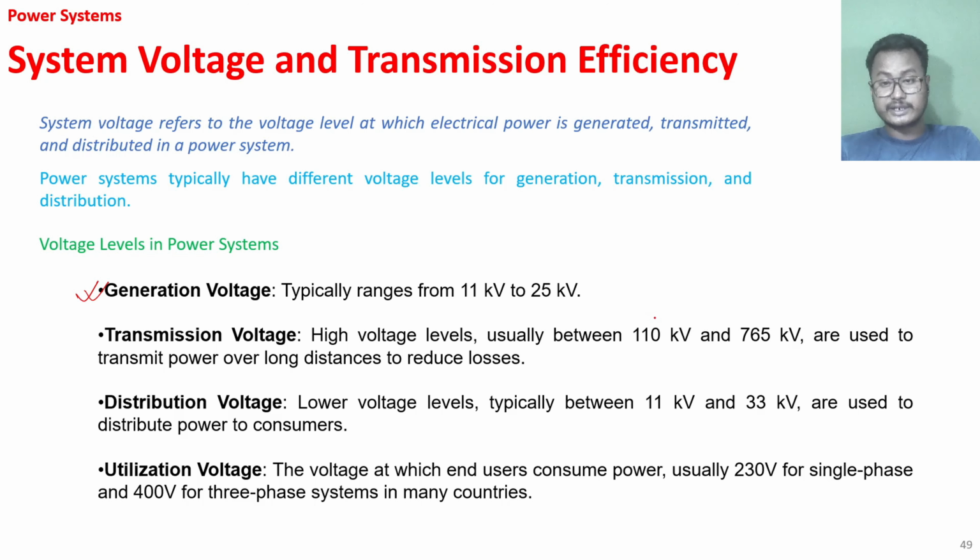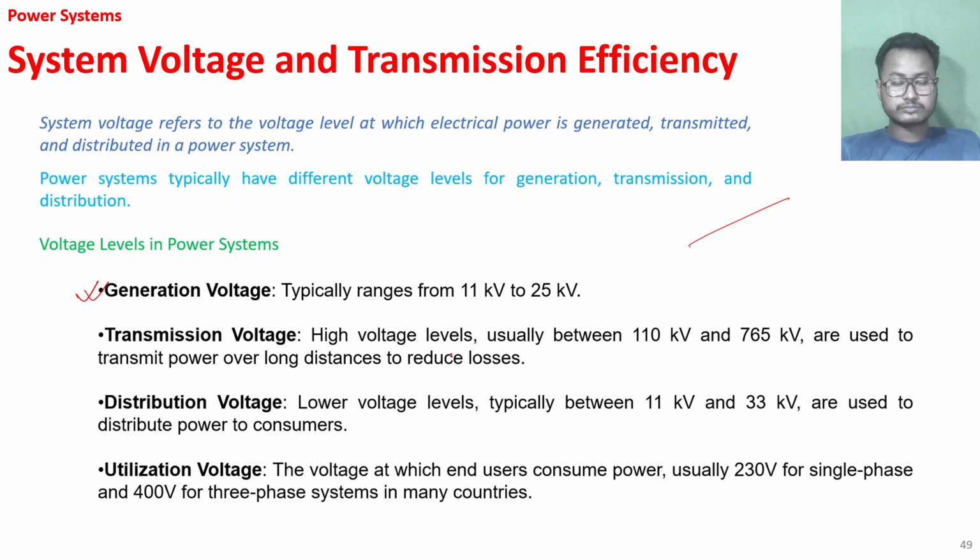Okay, this is the range, according to their requirements. Power systems pick their voltage level and use it to transmit power over long distance and to reduce loss. Okay, high voltage for long distance and to reduce loss.